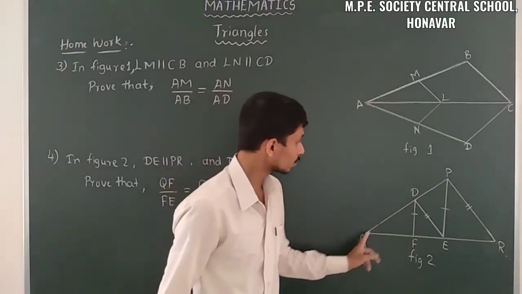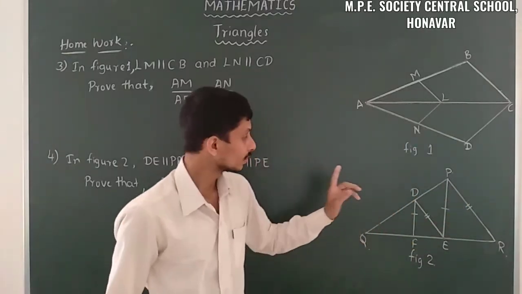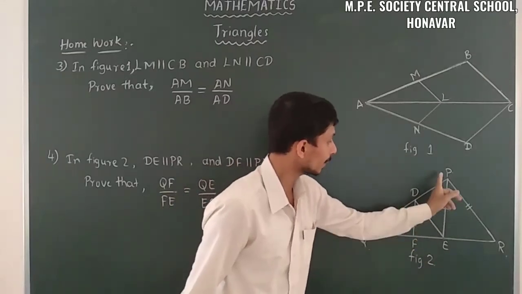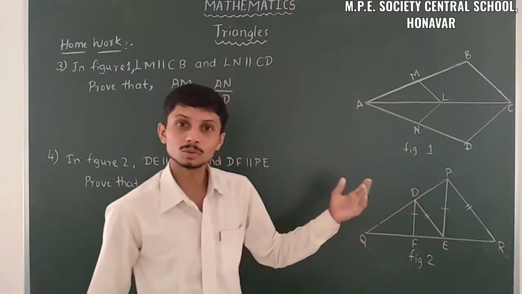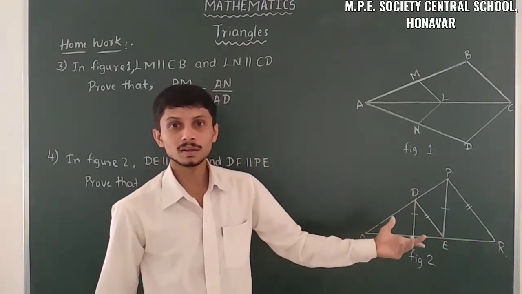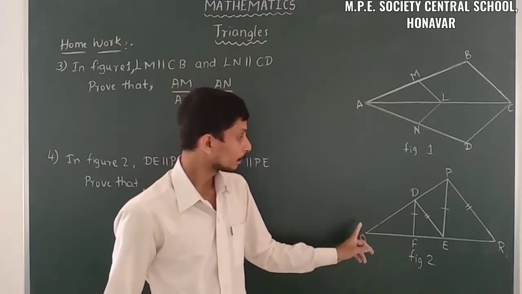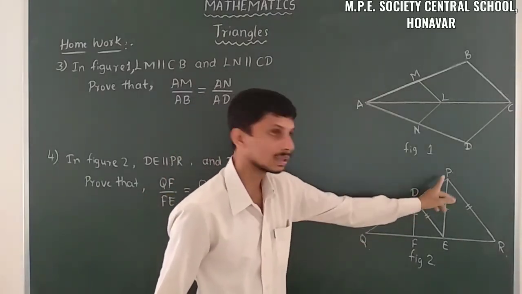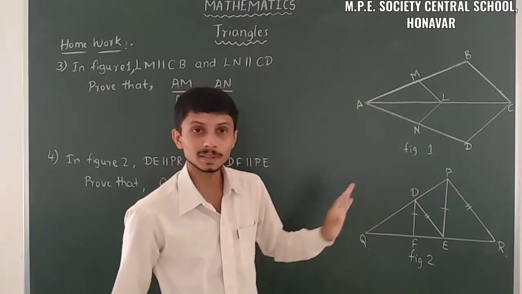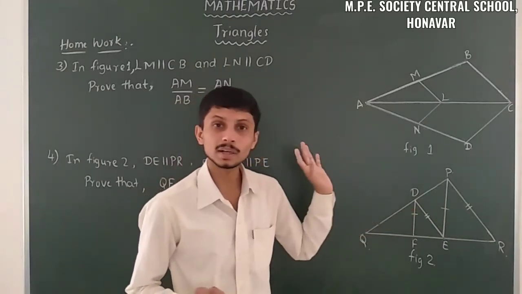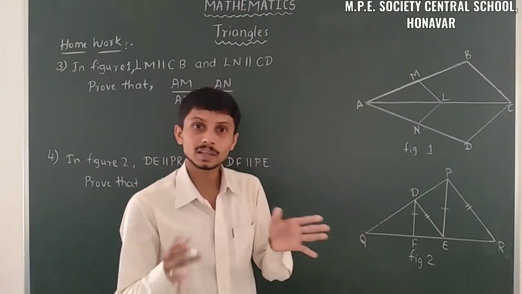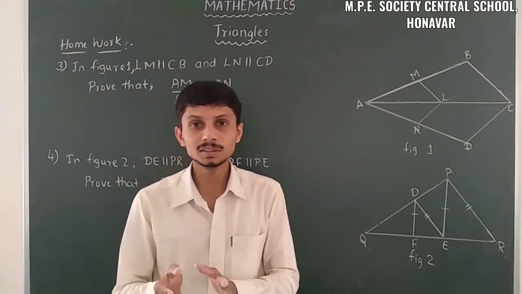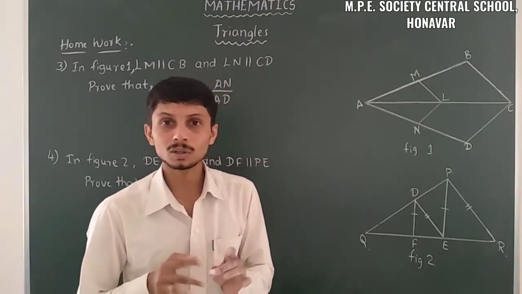Then let us take triangle QPR. Take DE parallel to PR and use theorem 6.1 so that we can get some condition. But remember, QD by DP is common for both triangles, so we can use that things which are equal to the same things are equal to one another.